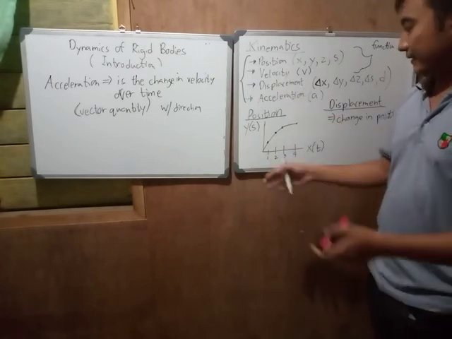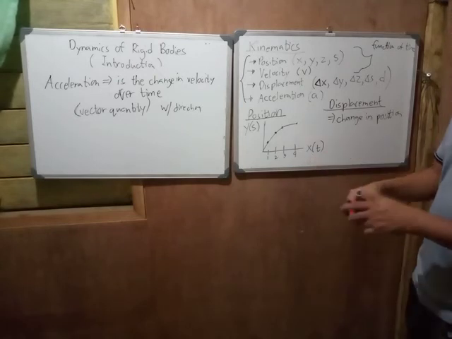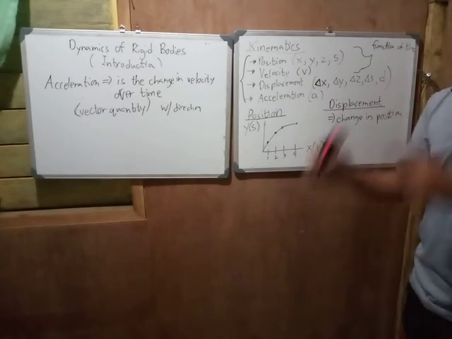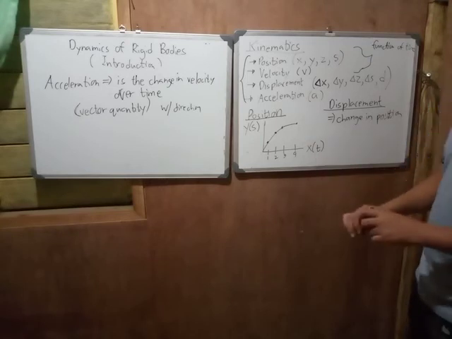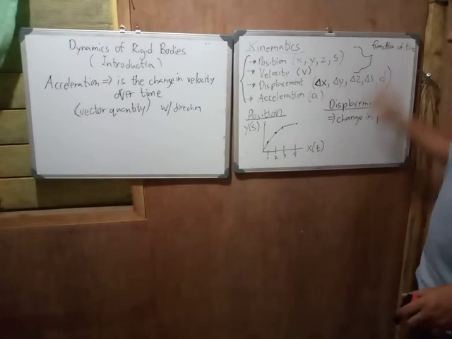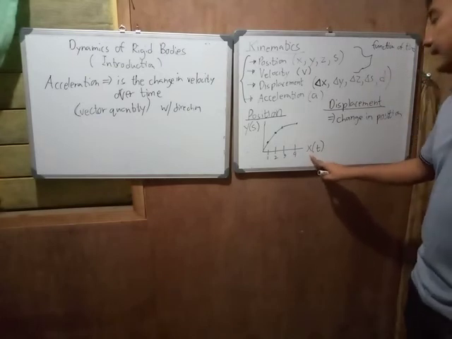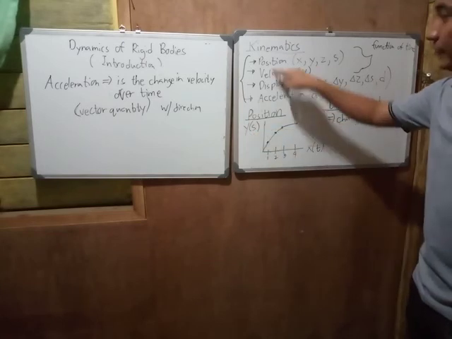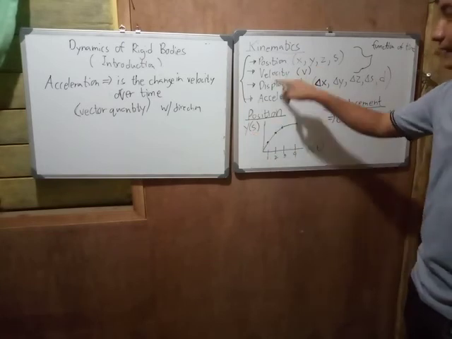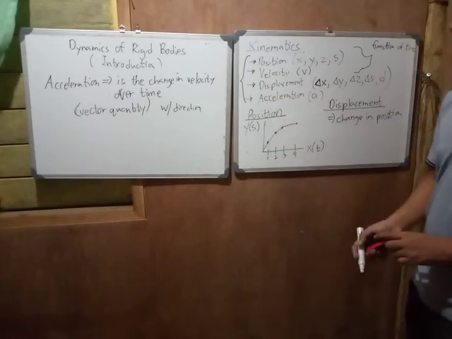Pwede nating i-draw sa Cartesian coordinate plane, in which pag sinabi nating function of time, yung x-axis mo or yung set of abscissa mo is the time, and then yung y-axis mo, it's either position, pwede si velocity, pwede si displacement, and pwede si acceleration.